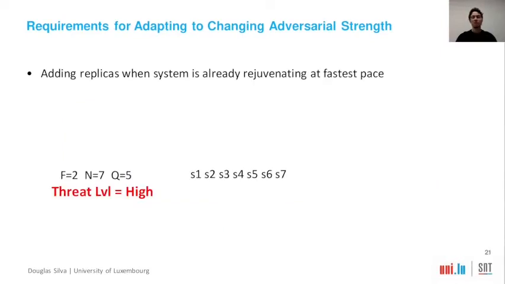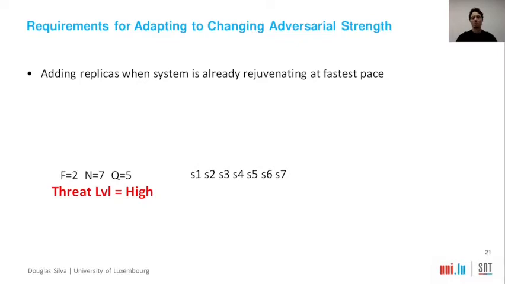The second mechanism is to add replicas when the system is already rejuvenating at the fastest pace. Imagine here that we are in a network distribution where we have 7 replicas. We can cope with 2 threats, and for some reason the threat detector is outputting a high chance of an attack occurring.